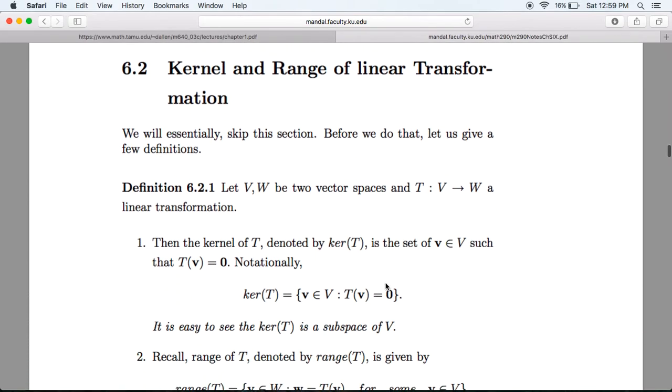Now we come to an important notion called kernel and range of a linear transformation. To every linear transformation T from V to W, there exist two special subspaces. They are the kernel and range.